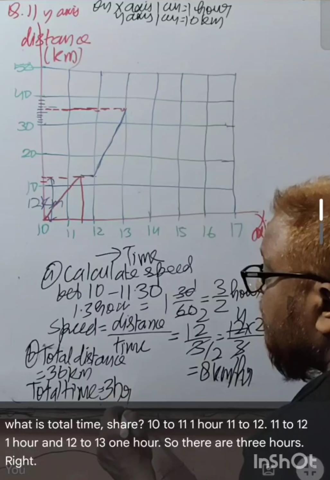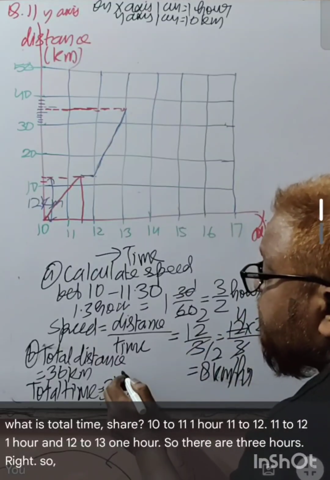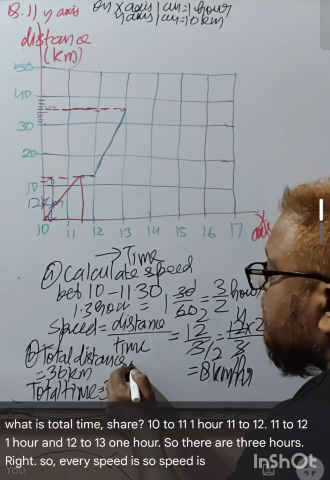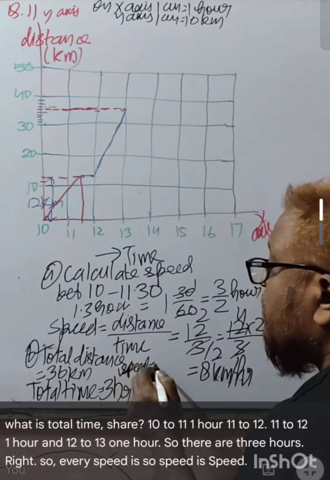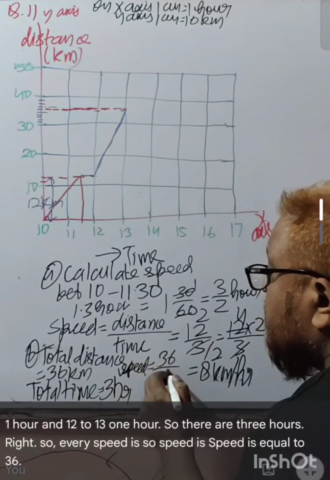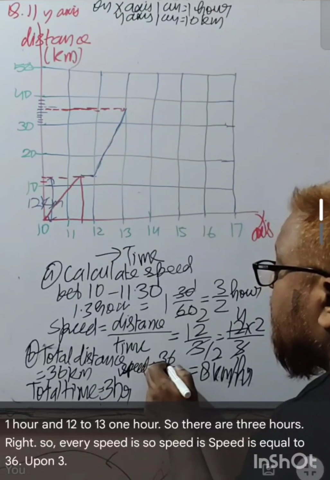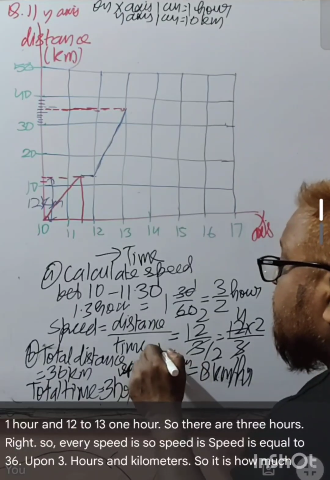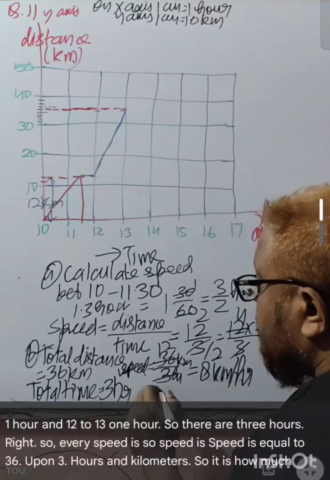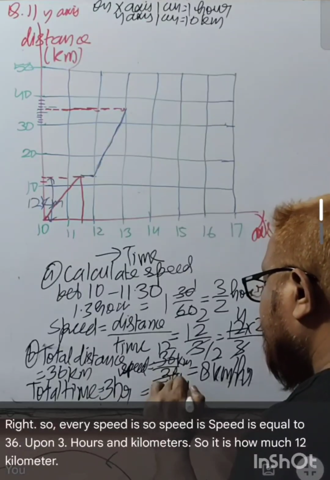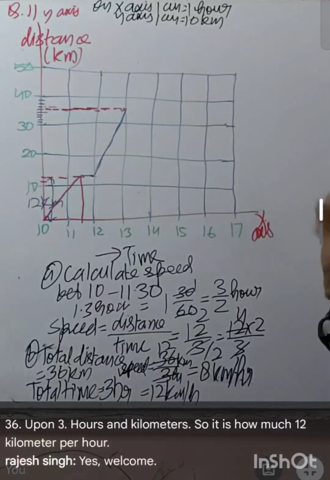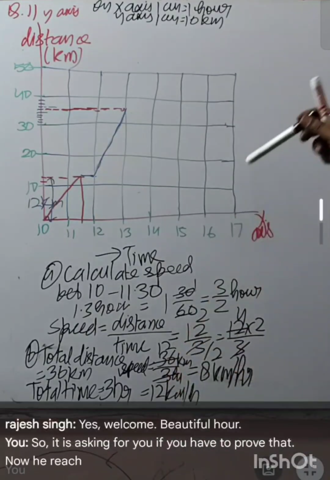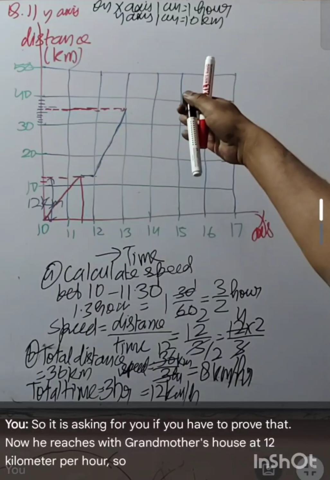So average speed is equal to 36 upon 3 hours, kilometers. It is 12 kilometer per hour. So we have proved that he reaches his grandmother's house at 12 kilometer per hour.